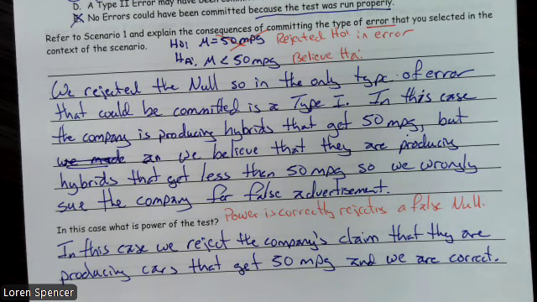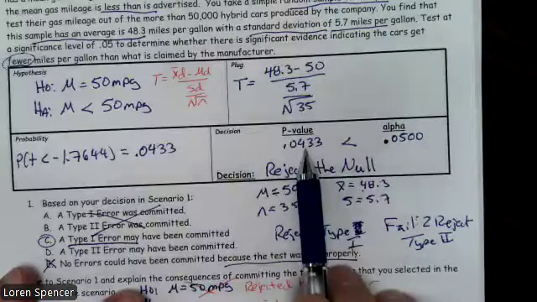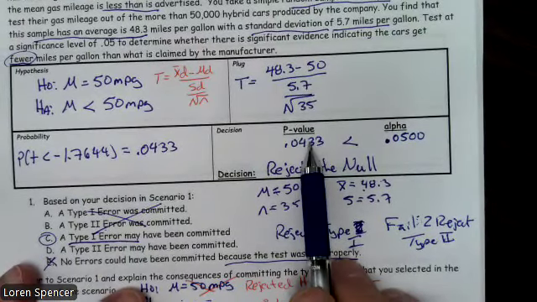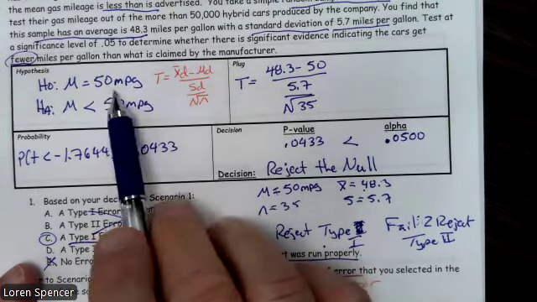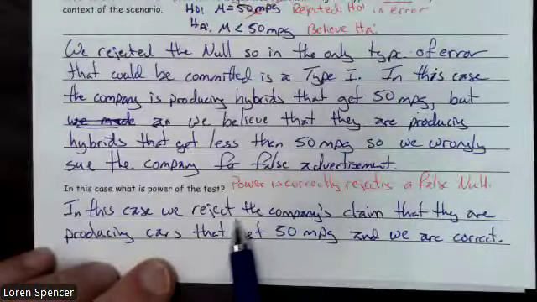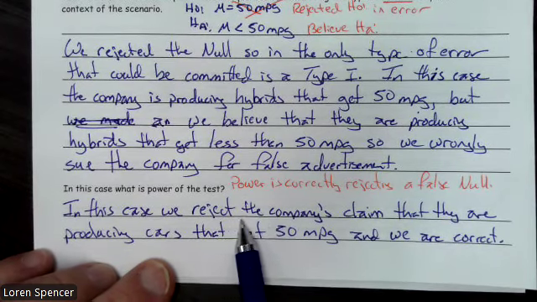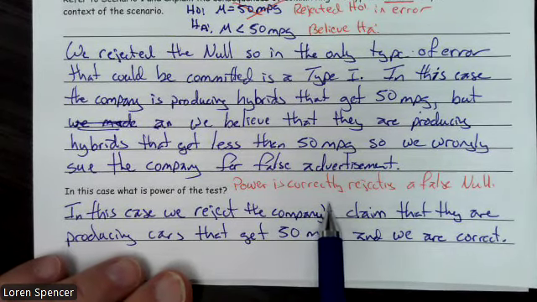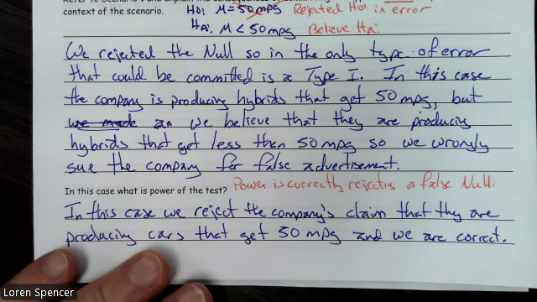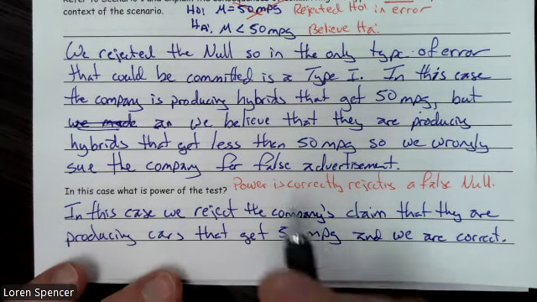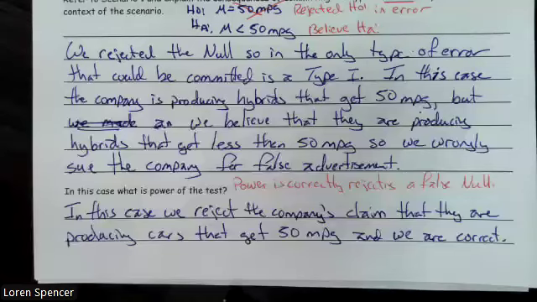All right. So in this case, hey, we did reject. If that is true, if they really are making cars less than 50 mpg, we did the right thing. And I left something really important out: power is the probability that we are correct.